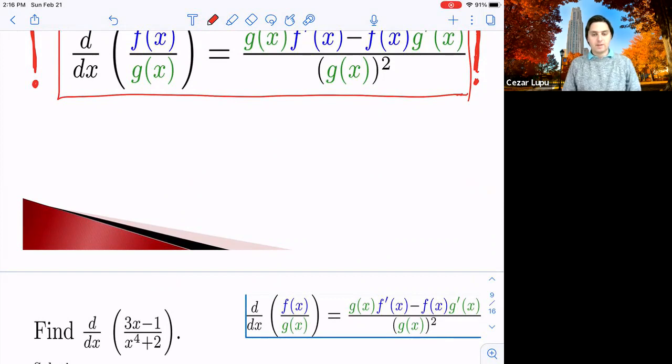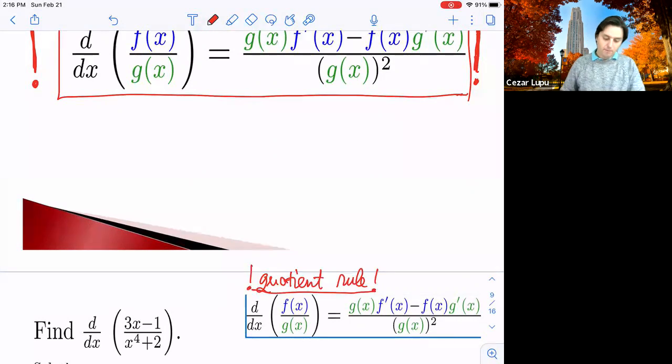So in this case, I think it's quite clear. So we have this quotient rule here. So this is the quotient rule. So in this case, our function f is this guy here, it's 3x minus 1.